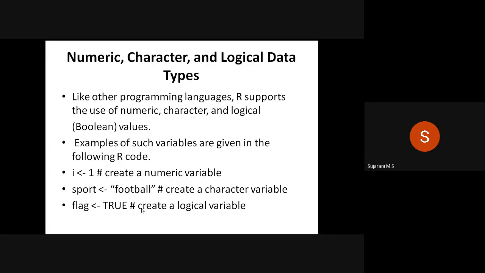Here we are assigning the variable i as 1, and it creates a numeric variable. And second example, sports equal to, within quotes, we can provide a string value, football. By default, it is treated as a character variable. And next, we can assign flag equal to true. That means it creates a logical variable.